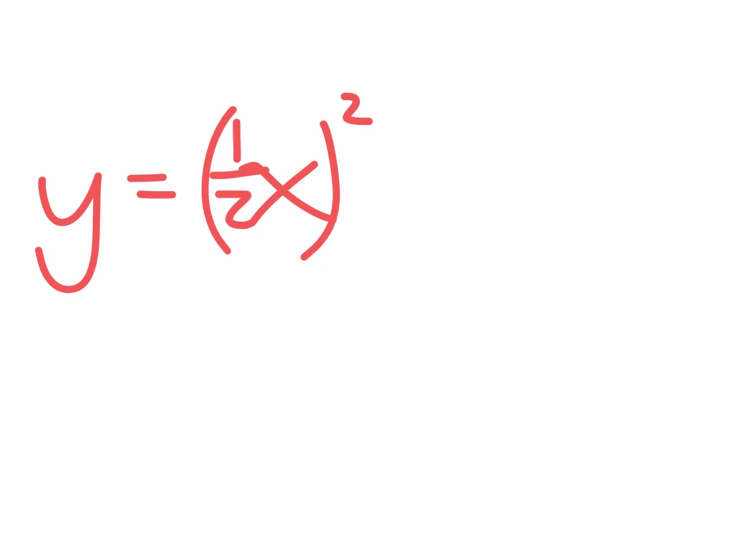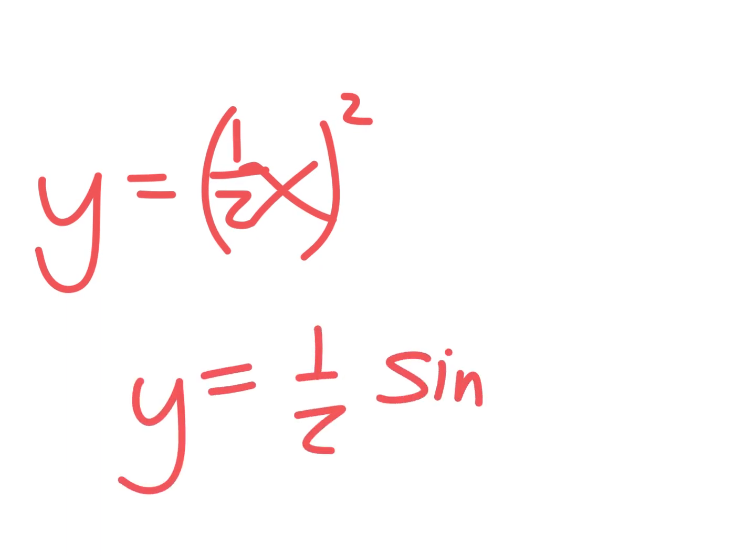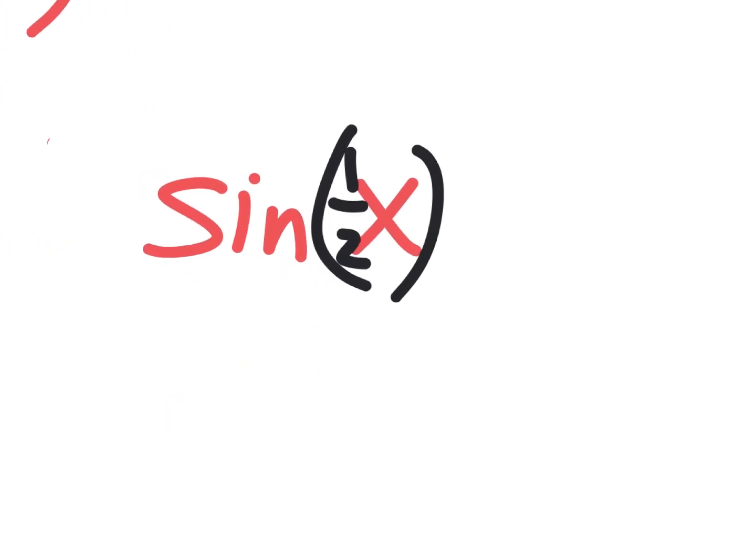So if I'm talking about sine, and I say y equals 1/2 sine of x, but wait, it's not got to be on the inside. It'd be like this. Then that's not going to make it half as wide. That will make it twice as wide.